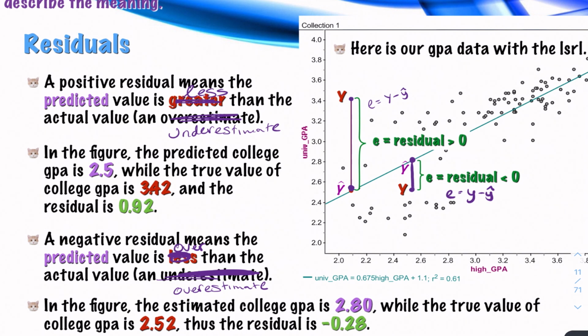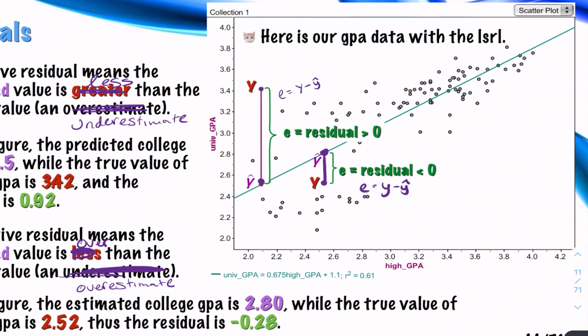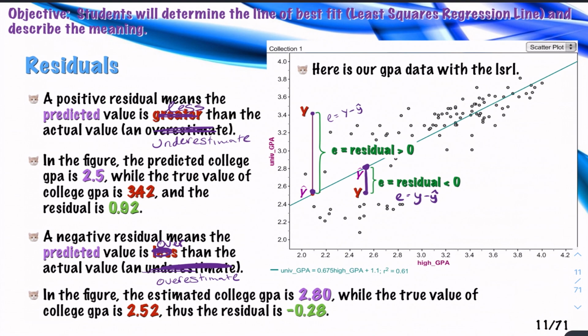Likewise, in the figure, the estimated college GPA is 2.8 over here, and the true value is 2.52. So if we calculated the residual, we get a negative 0.28, and we are seeing that is an overestimate of what the actual data value is. So we use residuals to see how well our model fits our data.